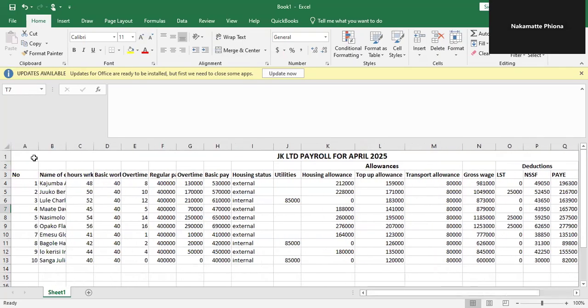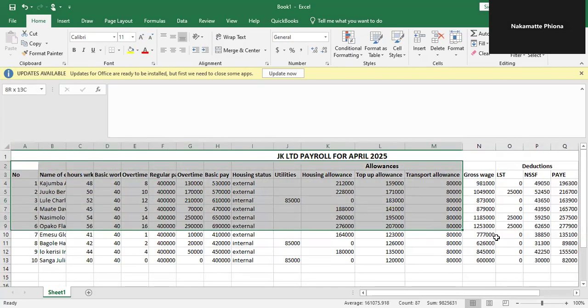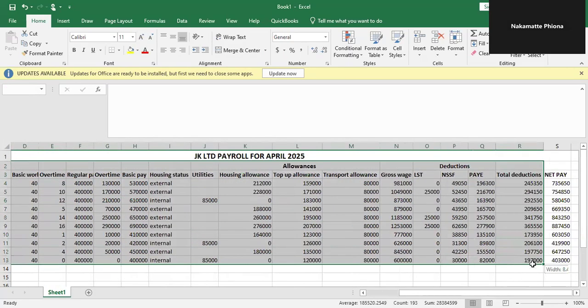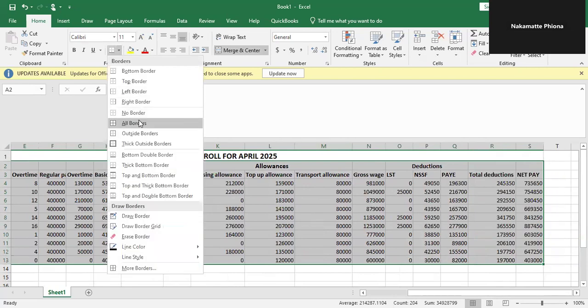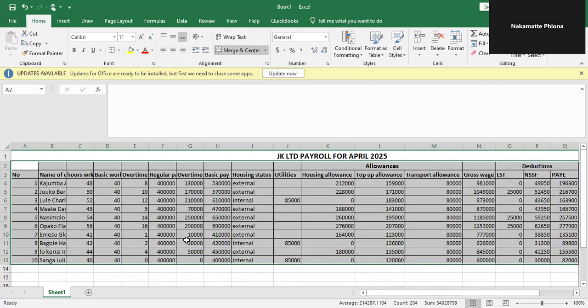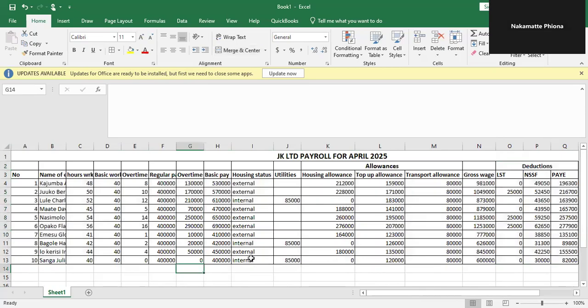Such borders for my payroll, all borders. So I'm done with my payroll.